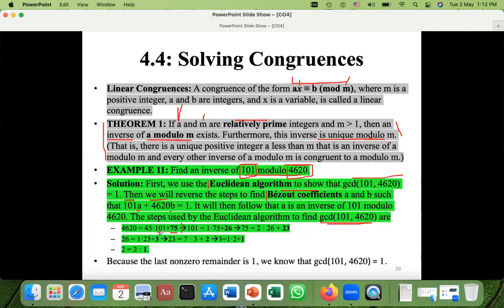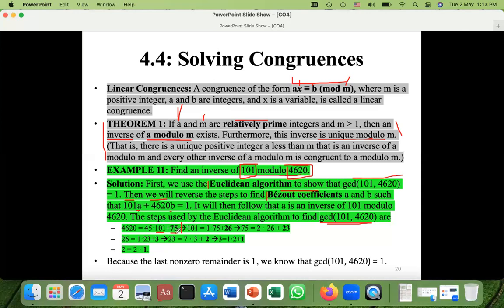By using the Euclidean algorithm, then you have to take that value, which is now your x, and this is your remainder, which is y, and then you have to divide x with y. For example, in this beginning step, this 4620 is your x and this is your y.